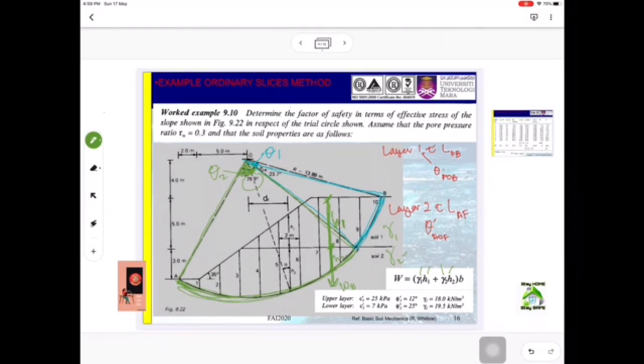B is the breadth of the rest of the slice. So remember, for effective stress, always use C prime, phi prime. Okay. Alright.